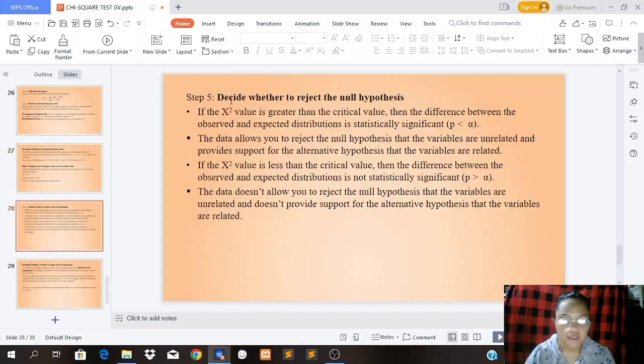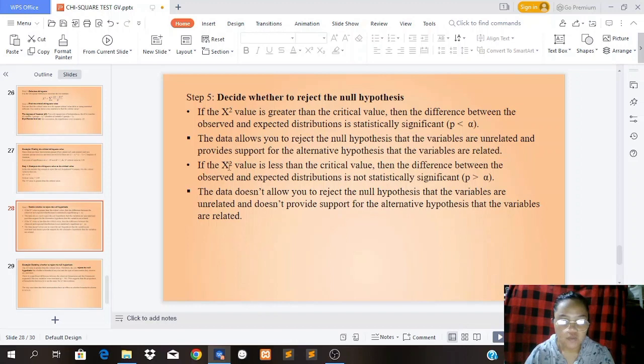Step 5. Decide whether to reject the null hypothesis. If the chi-square value is greater than the critical value, then the difference between the observed and expected distribution is statistically significant. The data allows you to reject the null hypothesis that the variables are unrelated and provide support for the alternative hypothesis that the variables are related.